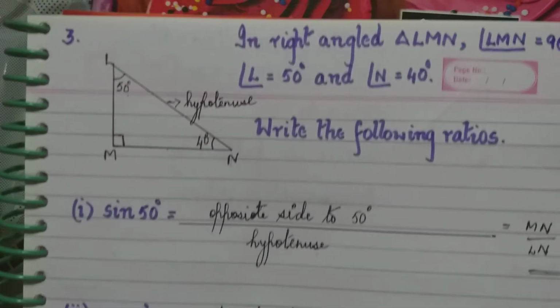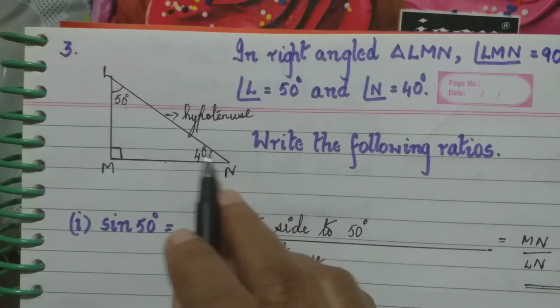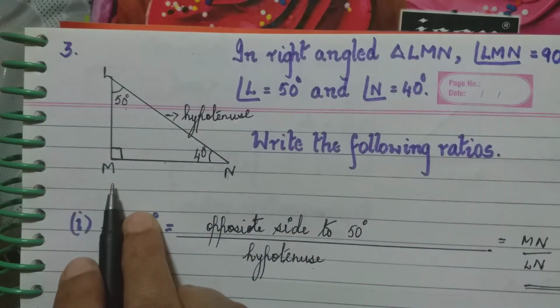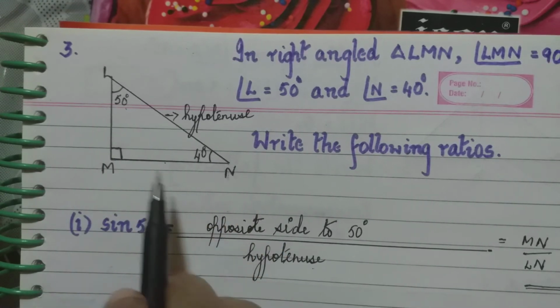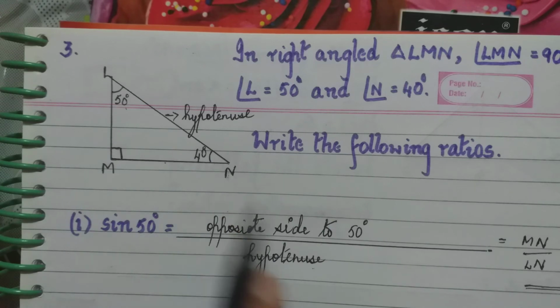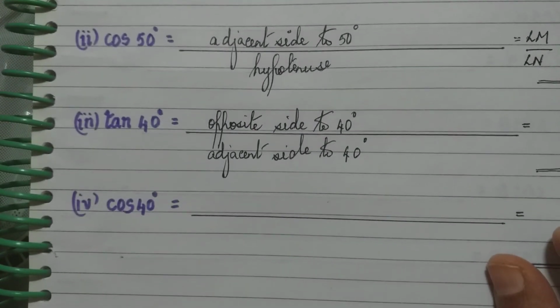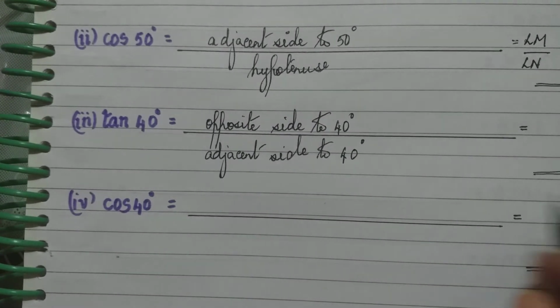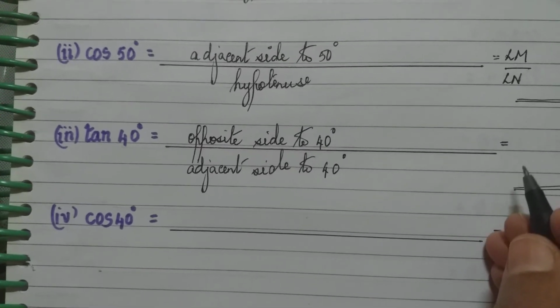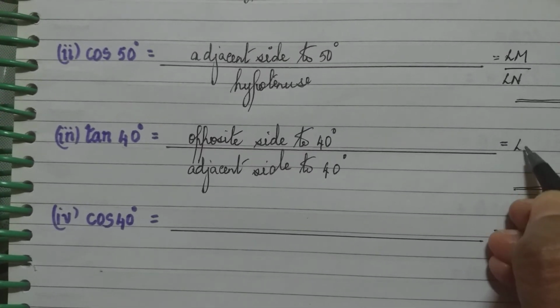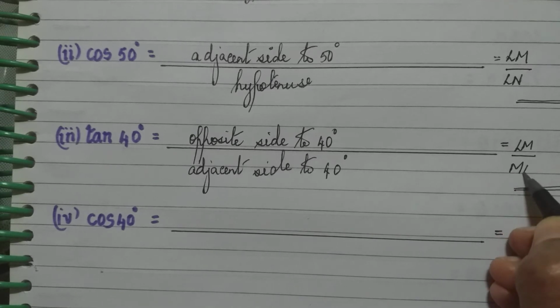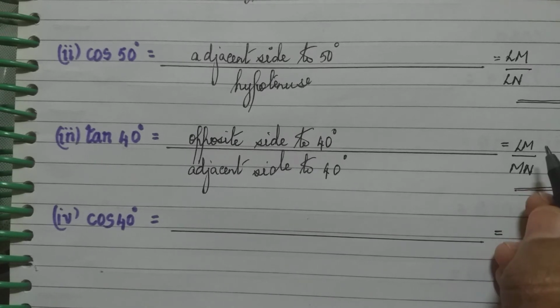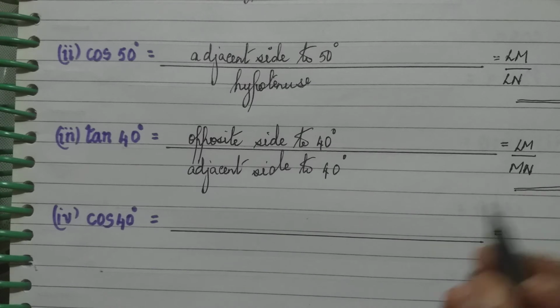Now here you have 40 degree is the angle. Opposite side to it is LM. Adjacent side is this side, MN. Okay, so LM upon MN. So we write here LM upon MN. Okay, so opposite side upon adjacent side.